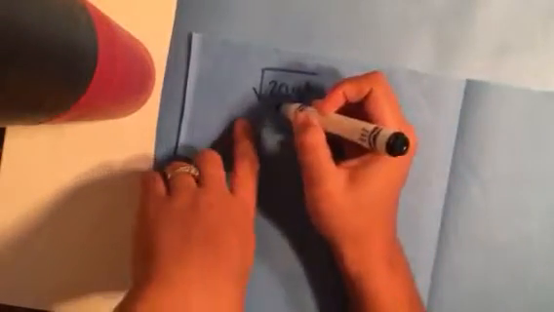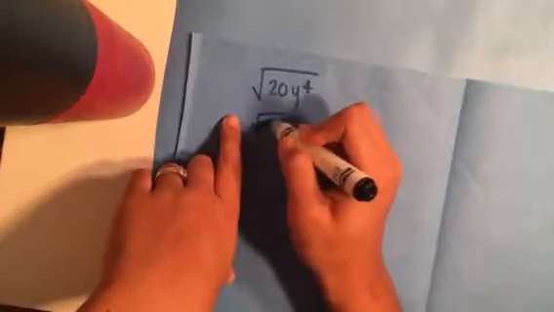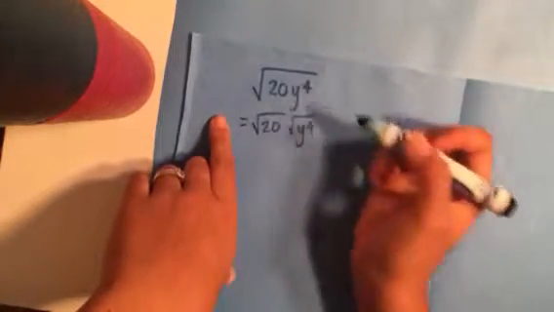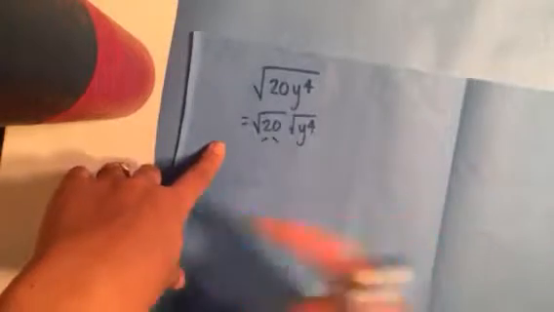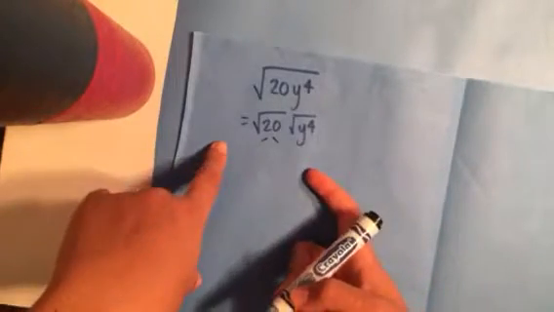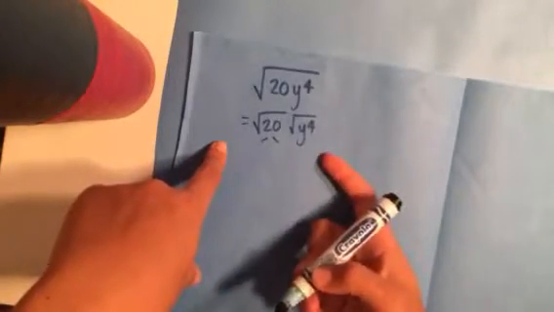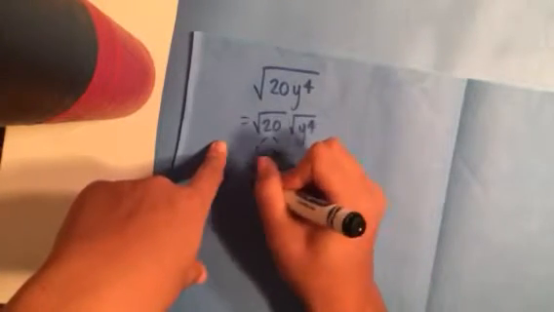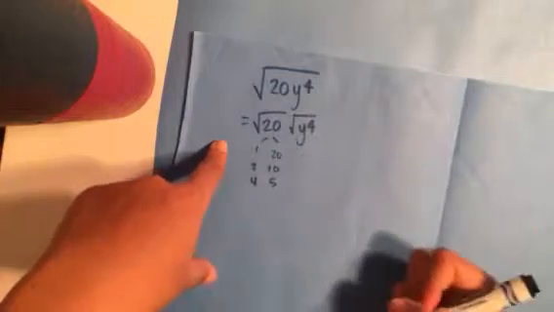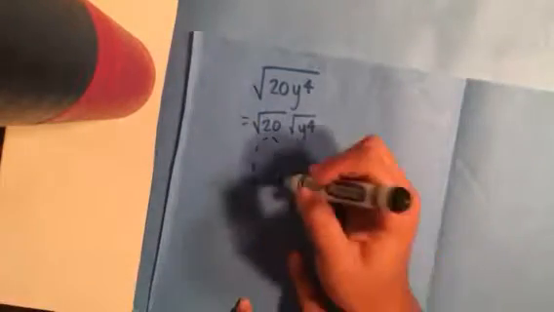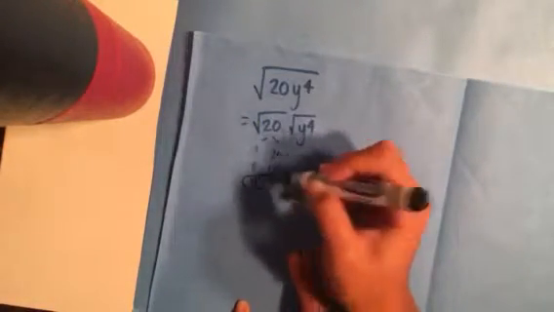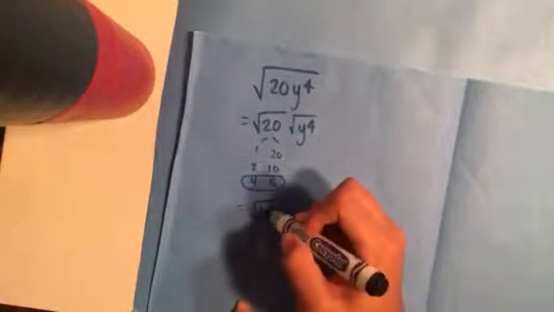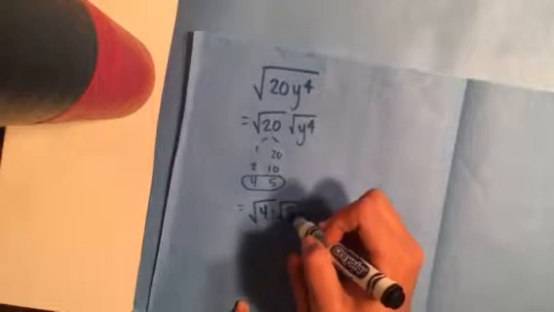So when we simplify this, we know that we can break apart these two radicals. It's not really a necessary step, but it is good to see the difference between these two radicals and what you can do with them. So once we factor 20, we see that our largest perfect square is 4, which means we can rewrite root 20 as root 4 times root 5.